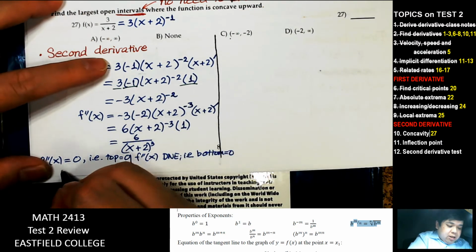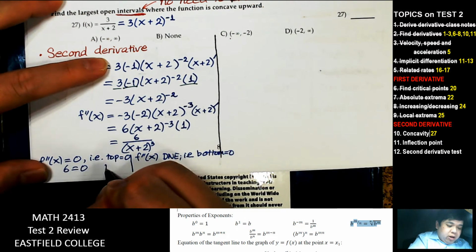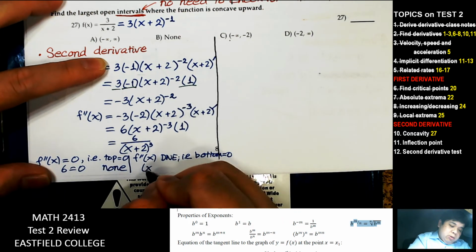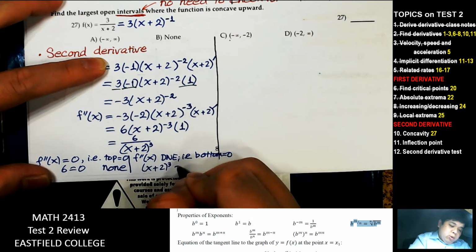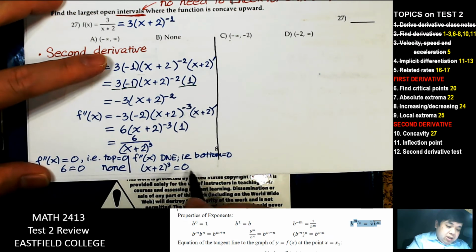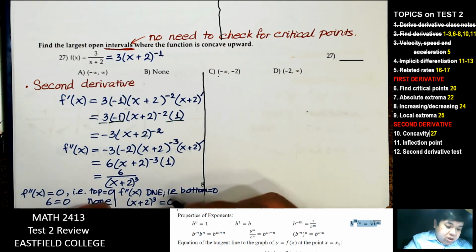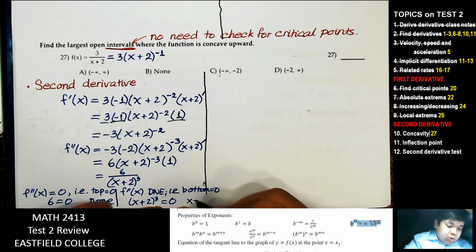Right. 6 equal to 0? Of course, we do not have anything there. This x plus 2 cubed equal to 0. x plus 2 cubed equal to 0, meaning x plus 2 must be 0. So we just have x equal to negative 2.